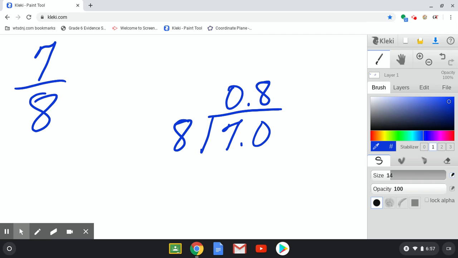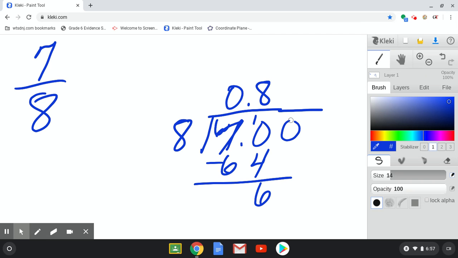It's going to go in 8 times. At 64, I'm going to subtract. Now, rule of thumb in class, I always tell you go out at least 2 decimal places, okay? So I'm going to add another 0, bring it down. 8 goes into 60 7 times. 7 times 8 is 56. I'm going to be left with 4.